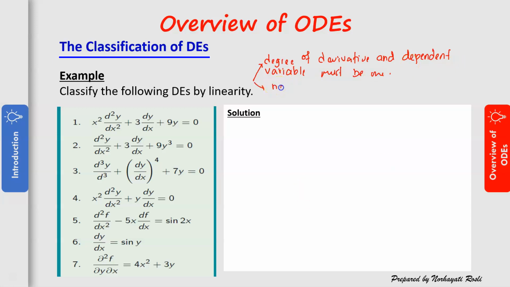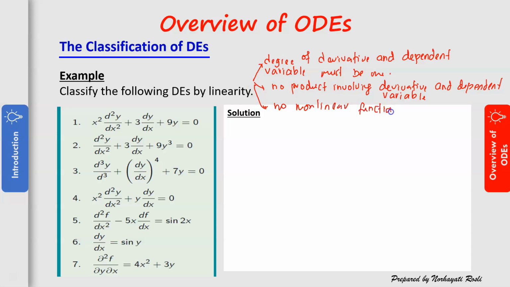Number 2, no product involving derivative and dependent variable. And number 3, no non-linear function of its dependent variable.